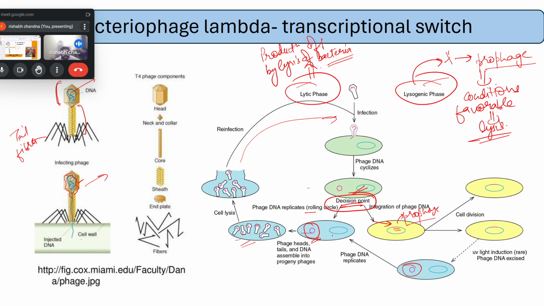So this was the lytic phase. Okay, so these were the two phases, and here is how the bacteria decides whether to lyse the cell or lysogenize, move into the lysogenic cycle. So that is the major transcriptional switch that we are going to talk about.